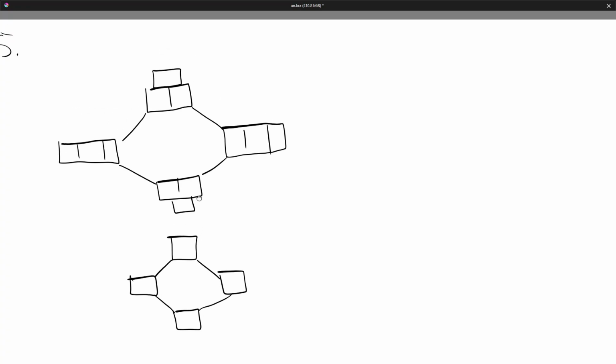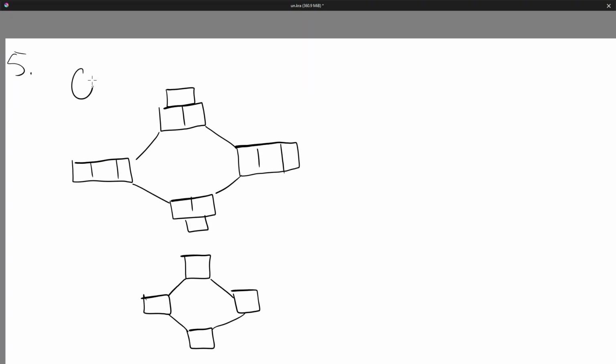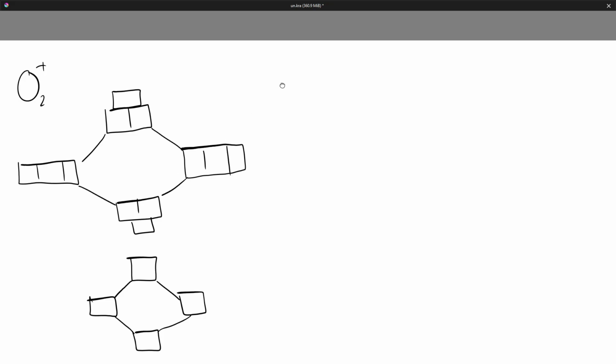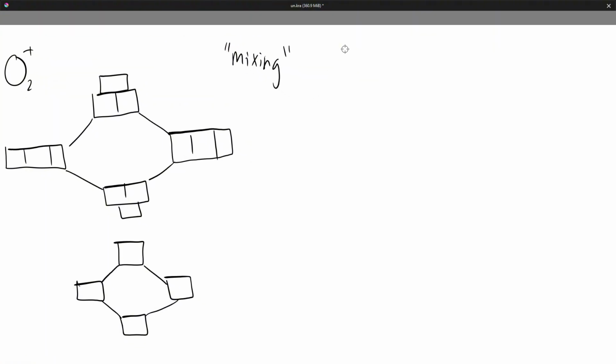So you guys might have noticed that this right here is pointing down because we're working with oxygen, which means there's no mixing involved. Mixing is involved if we're working with boron, carbon, or nitrogen.